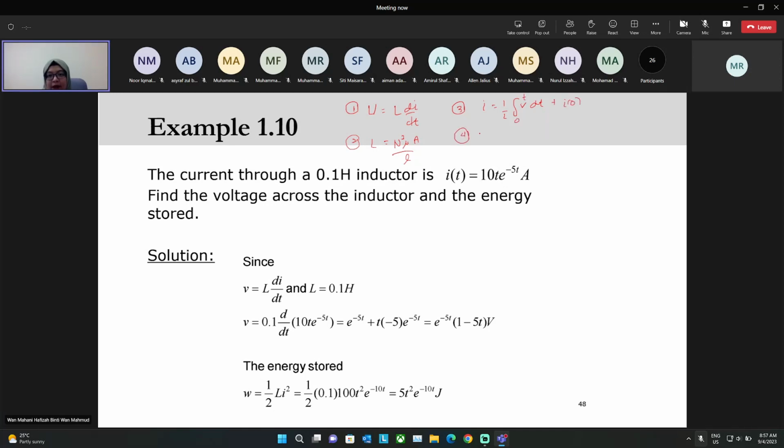And the fourth equation is your P equals L i di/dt, or you can put the I at the back. And then our fifth equation is W or E, 1 over 2 Li squared. So we have 5 equations that we need to know, same as the capacitor. 5 equations, only the capacitor's equations are different.